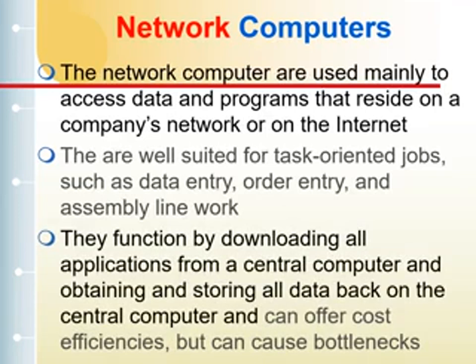They function by downloading all applications from a central computer and storing all data back on the central computer, and they offer cost efficiency, but they can cause bottlenecks. The good thing about them is you don't have to travel, you don't have to call, you simply log in and you access everything via the network right where you are.